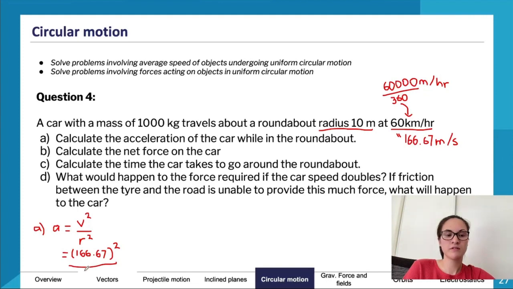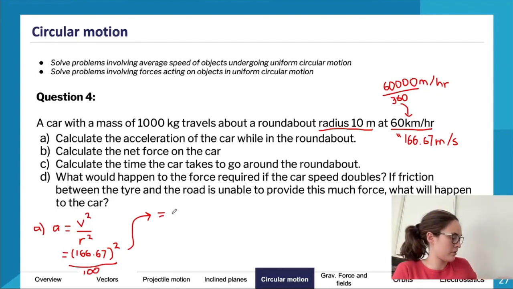So 10 squared, that's just going to be 100. Put it into the calculator.